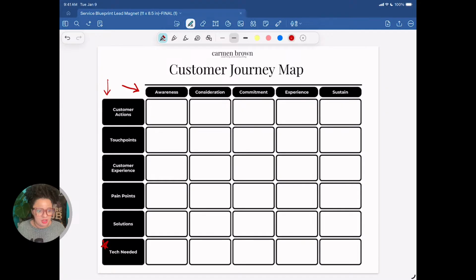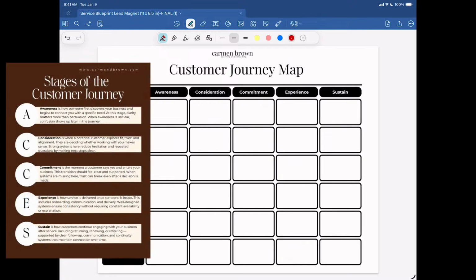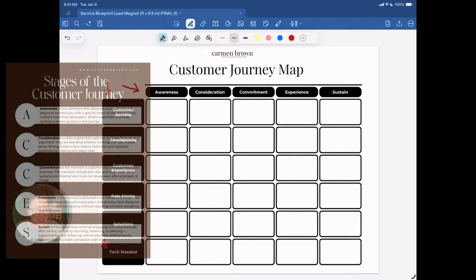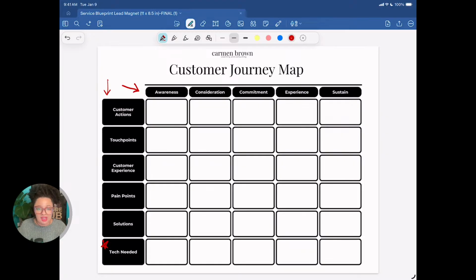So let's start with the awareness phase. And when we're talking about awareness, again, we're talking about how our people find you, how they discover that you or that your business even exists. So when it comes to the awareness phase, I don't even want to talk about actions, touch points, pain points, solutions, or technology before I think about the experience.